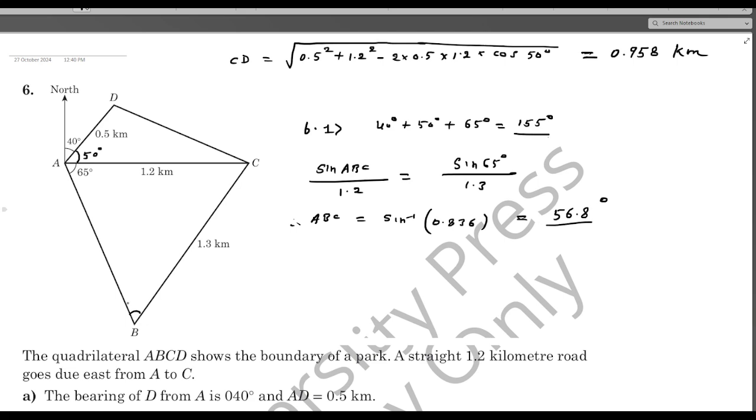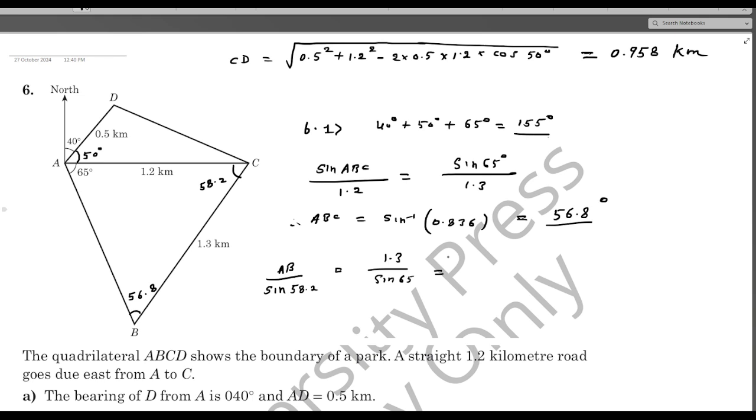Now angle ABC is 56.8. So I can find out this angle. This is 180 minus 56.8 minus 65. Okay, the angle is 58.2. And therefore you can say that your AB, again sine rule, AB divided by sine of 58.2 will be equal to 1.3 divided by sine of 65.